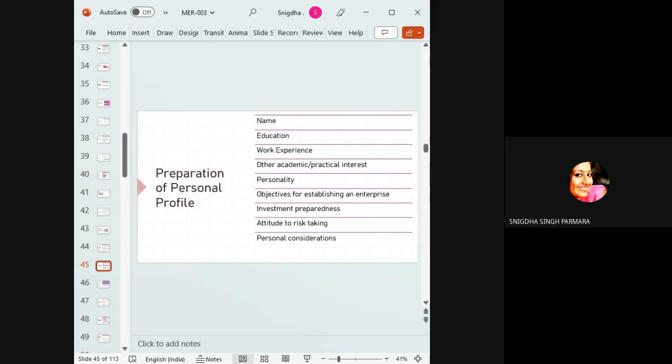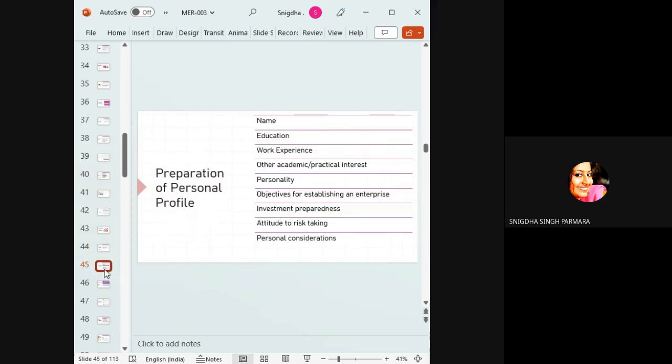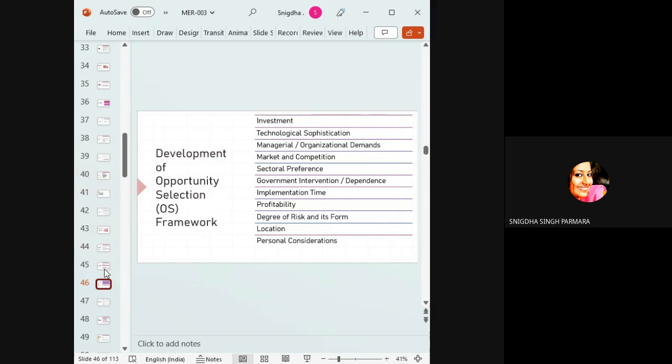If there's any personal consideration that you have, that's the first stage. With preparation of such a personal profile, you will be able to figure out better what business opportunities you should be choosing, what business opportunities are suitable for you.